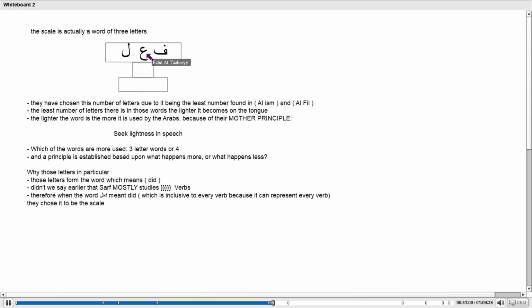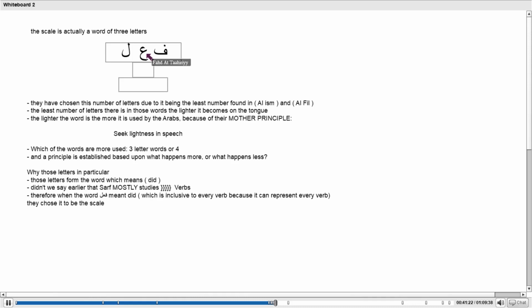Understood? We want a verb to be the scale, not a noun. Why? Because the business of sarf is more verbs than nouns. So we want the verb to be like the skeleton or the scale. Clear?